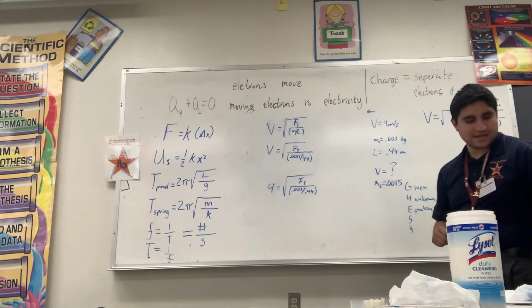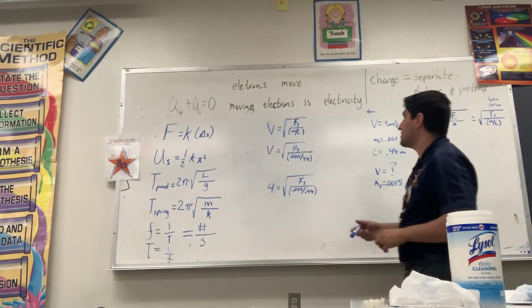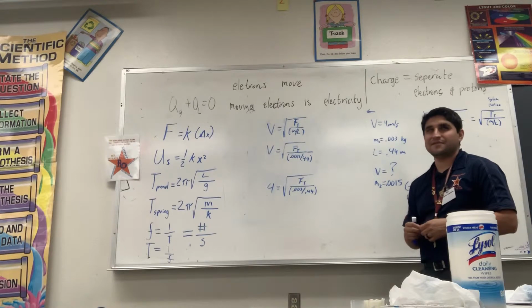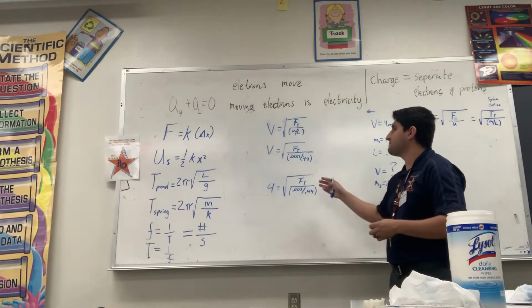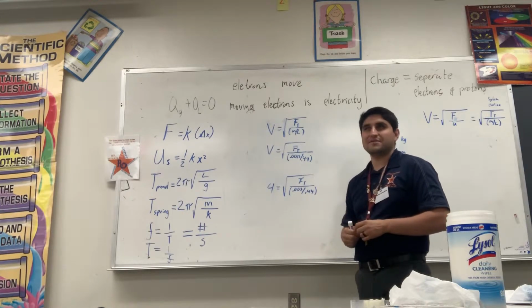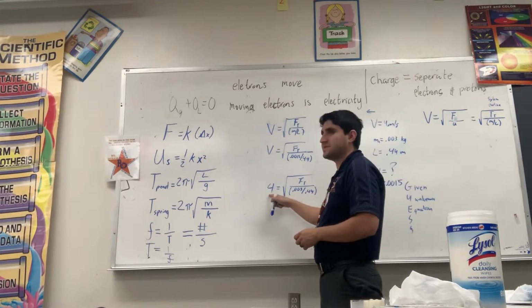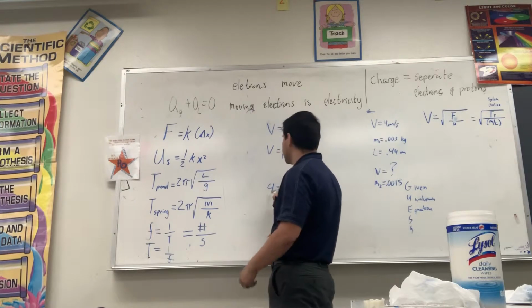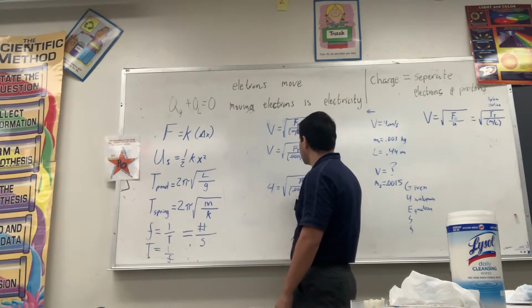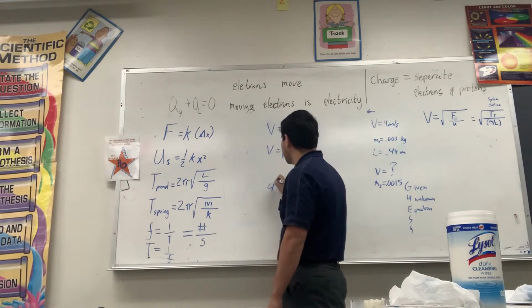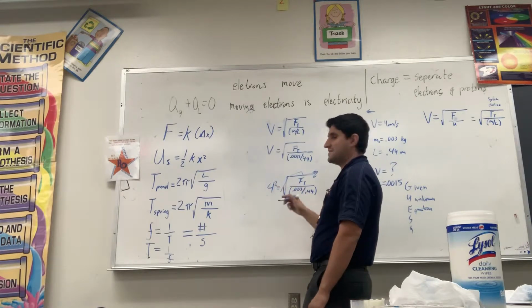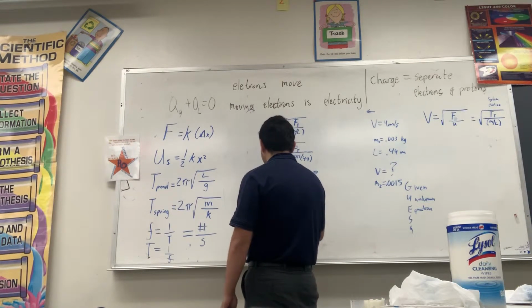So, and again, classic Martyr. How do I cancel this square root? This cancels out, and then 4 squared is 16, so 16.